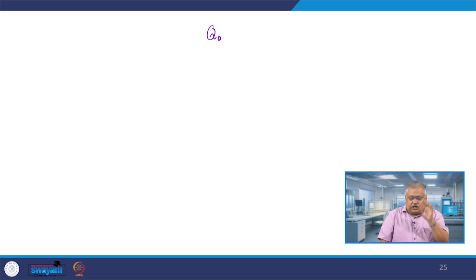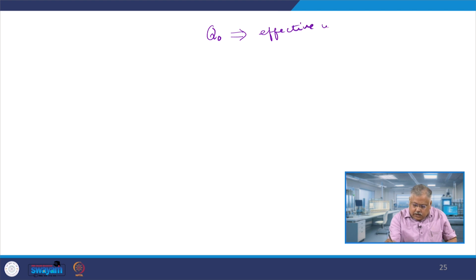Q0 will effectively be given as the charge per unit area, and therefore this is referred to as the effective interface charge, and this is typically of the order of 10 to the power 10 to 10 to the power 11 ions per centimeter square.